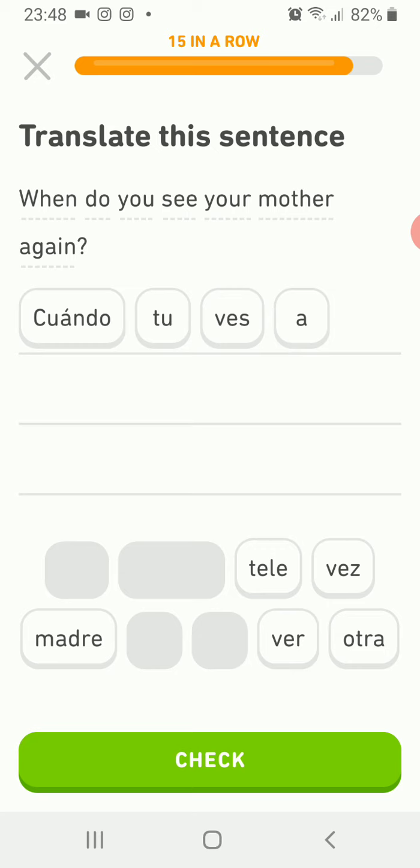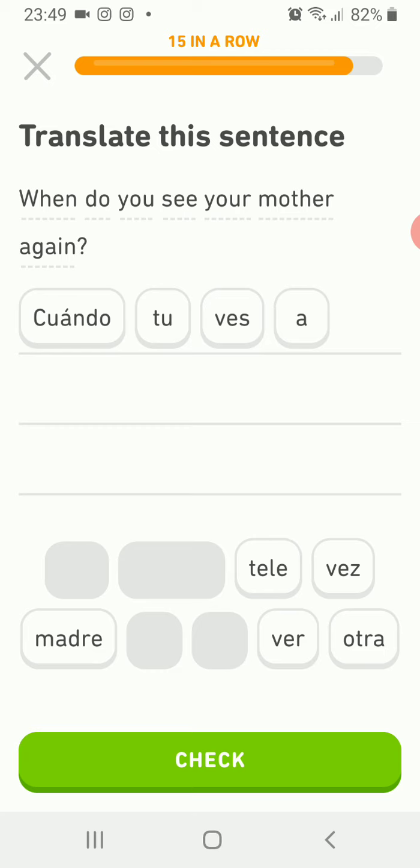Well, now it's getting tricky, because ver, cuando tú vas a ver, when are you going to? Cuando tú vas a ver a tu madre otra vez.